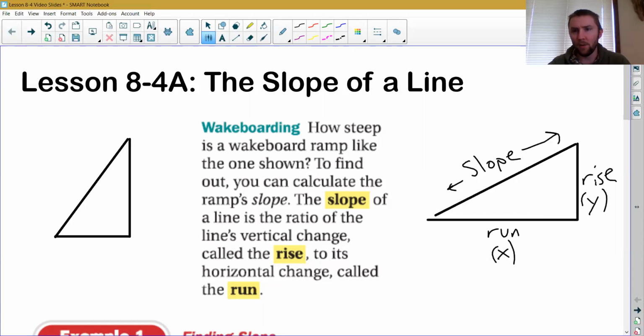One thing that I will tell you is whenever we find a slope, particularly from a graph of a line, our x change, we're always going to run in the positive direction with the x, and then the y value could go up or it could go down. It could go positive or it could go negative, and we'll talk more about that a little bit later.